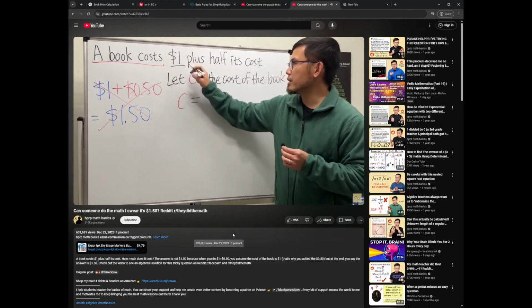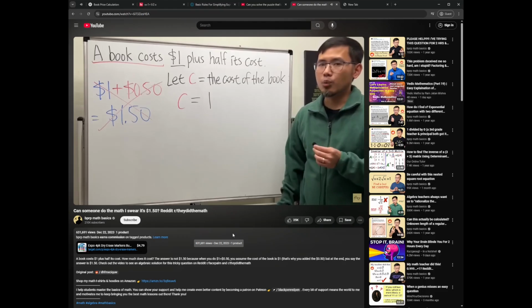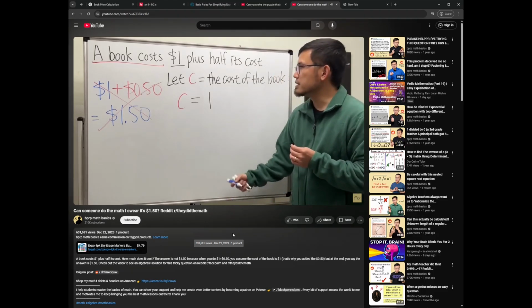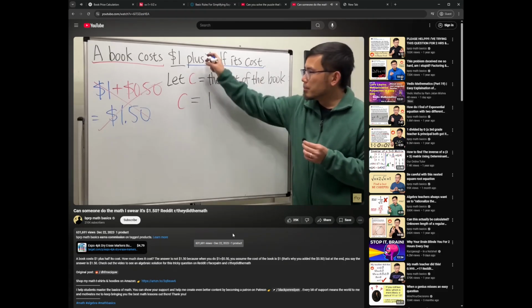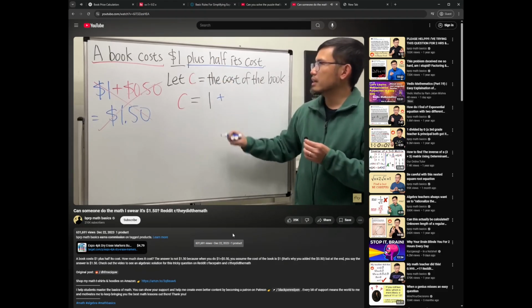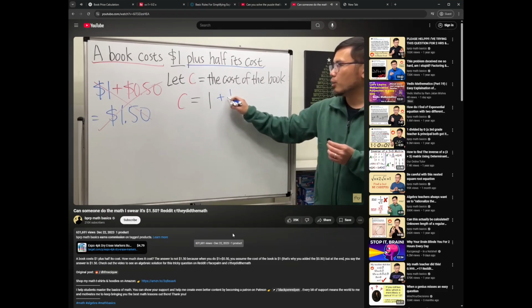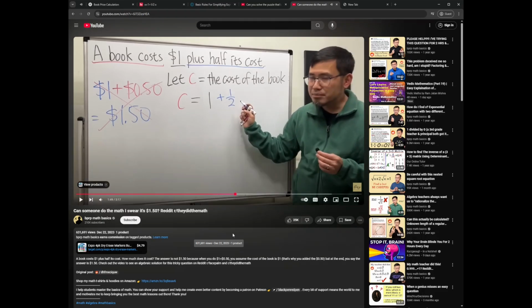So that's the second part right here, $1. So let's just put down 1. And then the third part is saying that plus half its cost. Plus, that means we are going to add half its cost, so 1/2 times. Alright, and y'all have already seen that part.